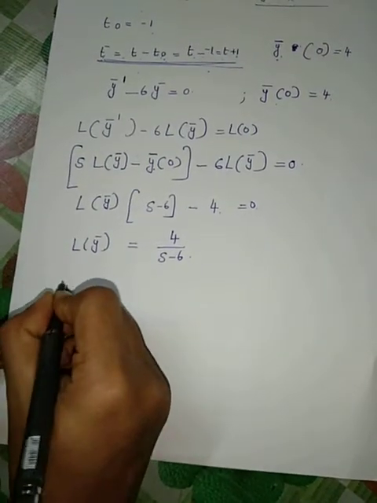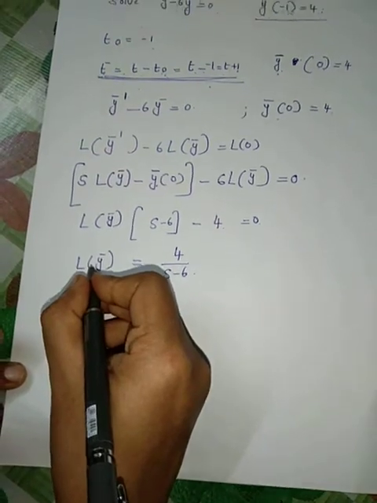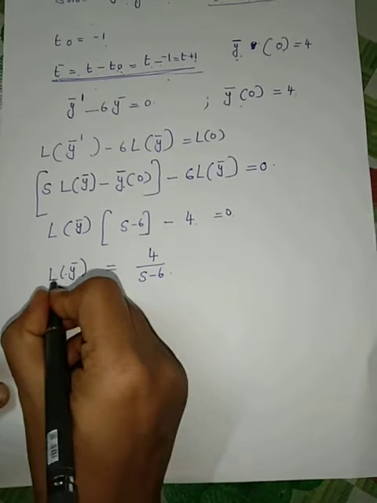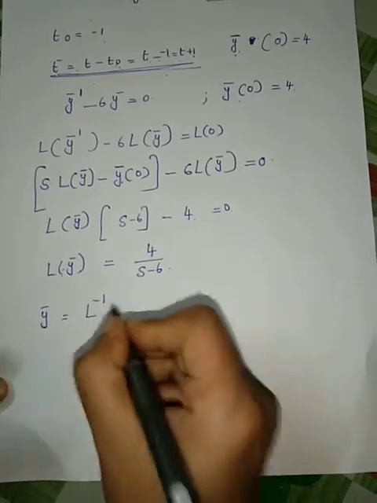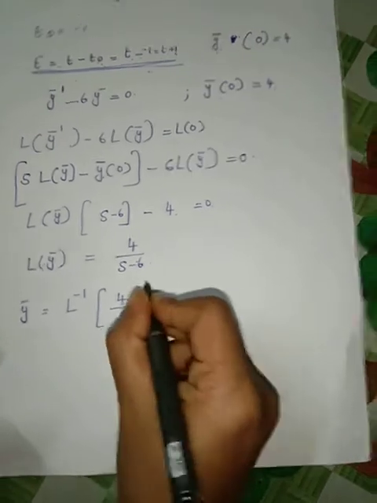We have to find y bar. For that we apply the inverse Laplace transform on both sides. L inverse of L of y bar becomes y bar, and L inverse of the right hand side is 4 divided by s minus 6.